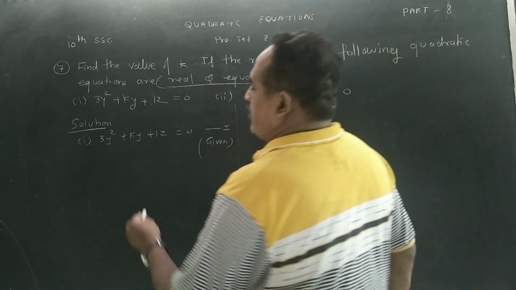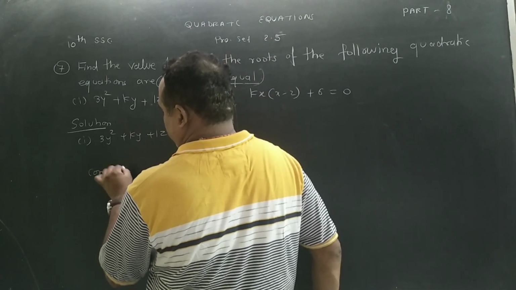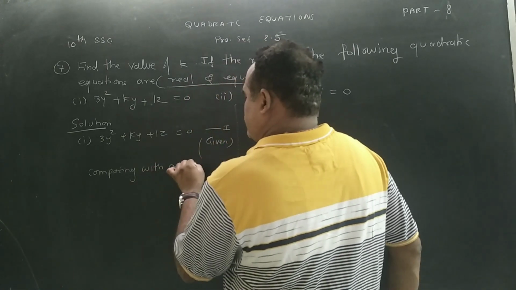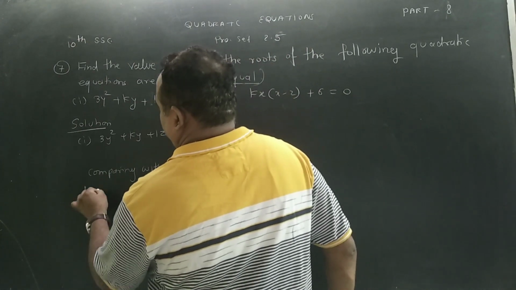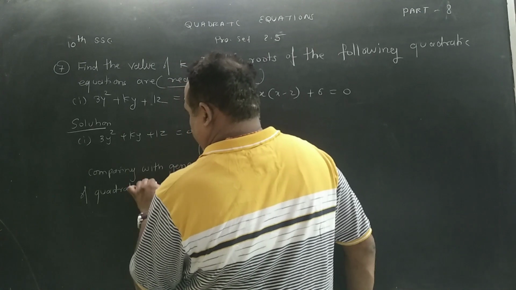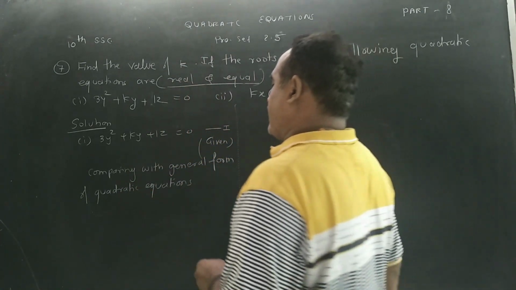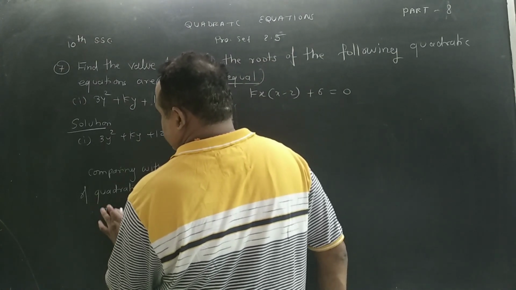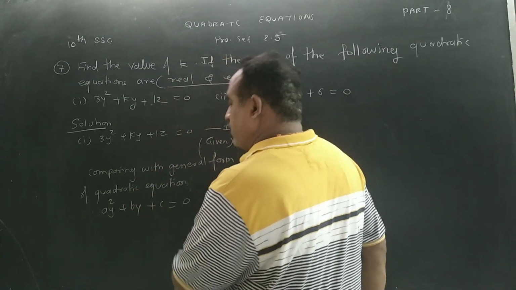Then what I am going to do is compare with the general form of a quadratic equation. What is the general form of a quadratic equation? a y square plus by plus c is equal to 0.